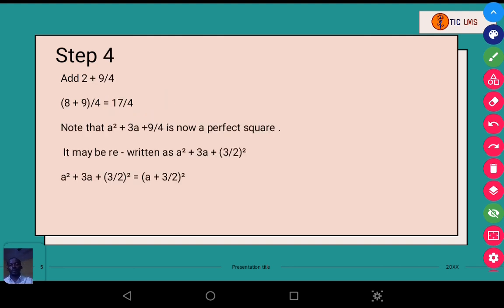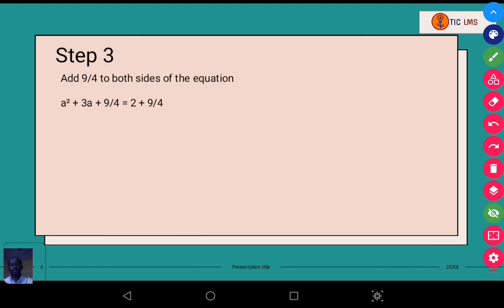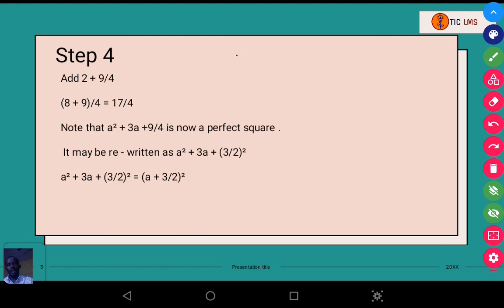Now the next thing, in step 4, we'll add what we have on the right hand side. What we have on the right hand side is 2 plus 9 over 4. We could easily add this by looking for the LCM of 1 and 4, which is 4.